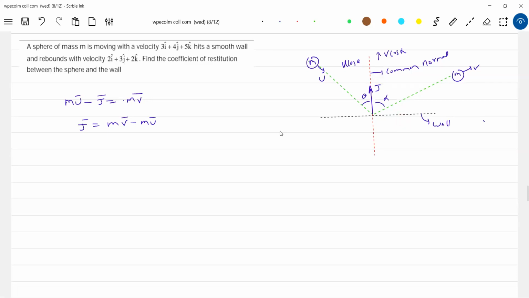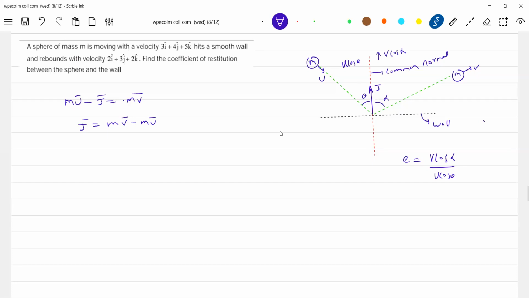But what is the coefficient of restitution you define? Velocity of rebound, v cos alpha, by u cos theta. Okay, good. So it's not along the x or y axis, it's general, in space. This should be the definition.